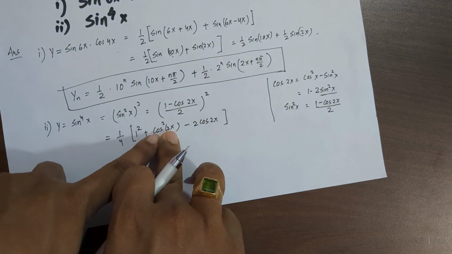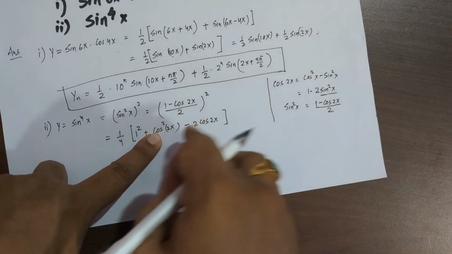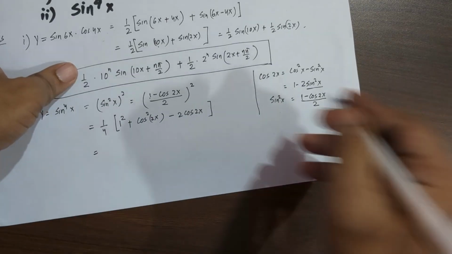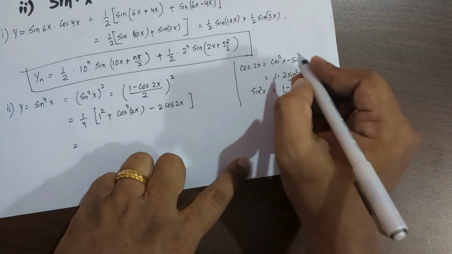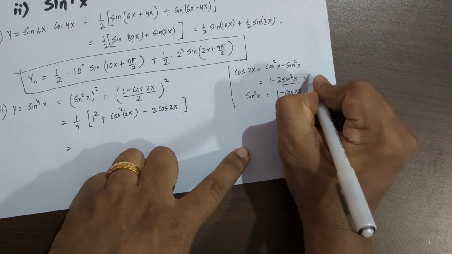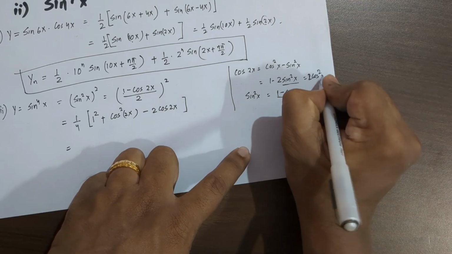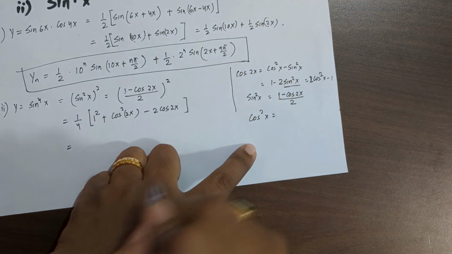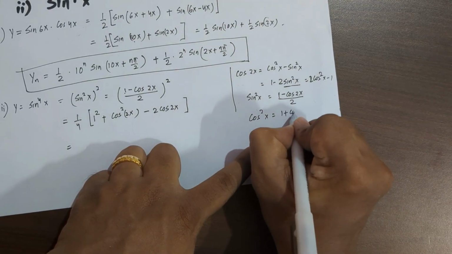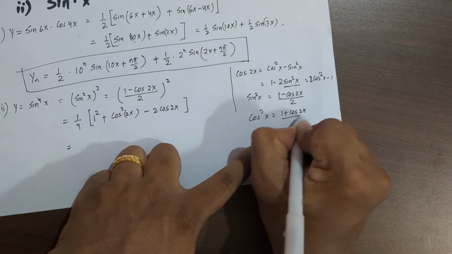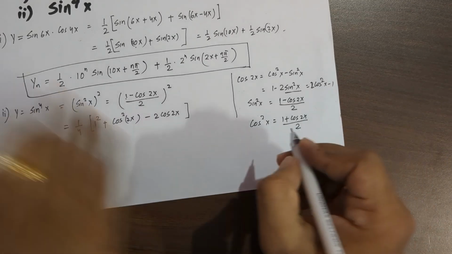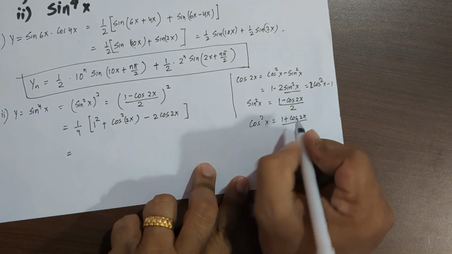So we will try to reduce this one to some cos of ax plus b or sine of ax plus b term. Note, from this one we have, this is also 2 cos square x minus 1. So cos square x is 1 plus cos 2x over 2. So cos square x is this one.